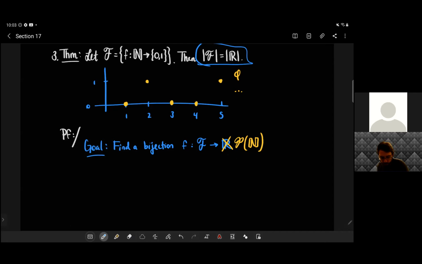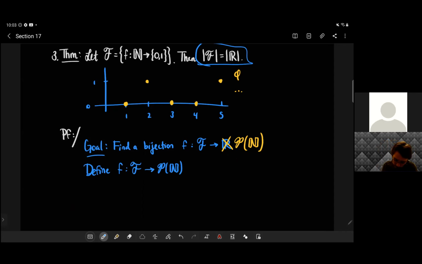All right, so given that hint, how could I possibly proceed? Well, let's try defining something. So I want this function f to go from curly F to the power set of naturals.